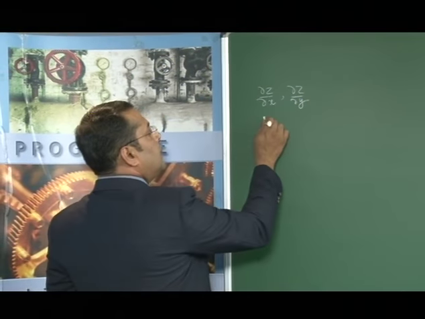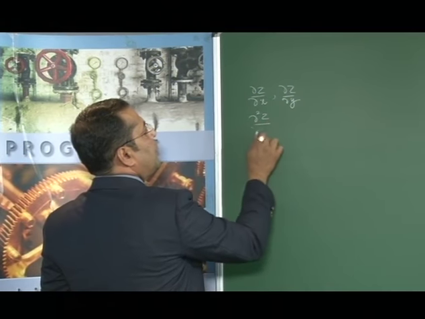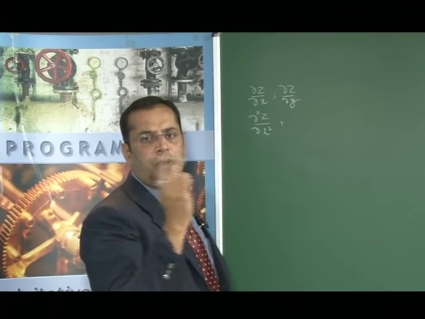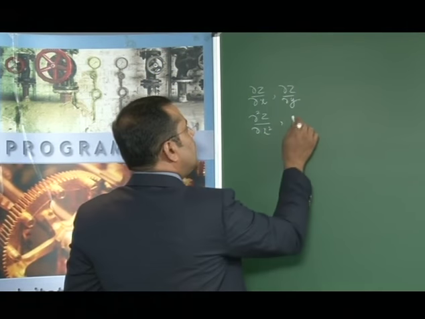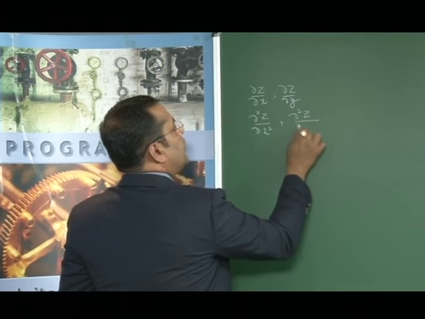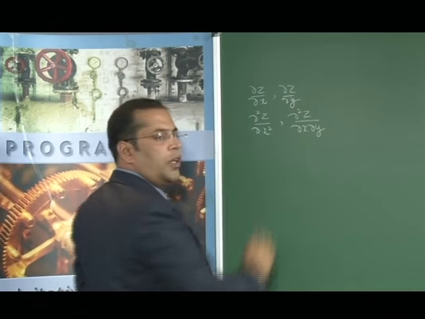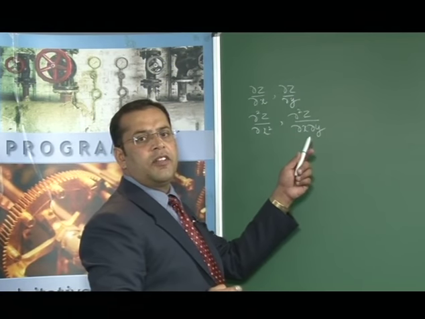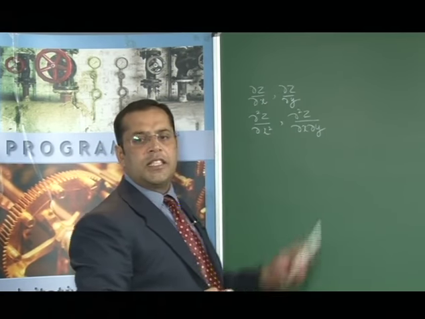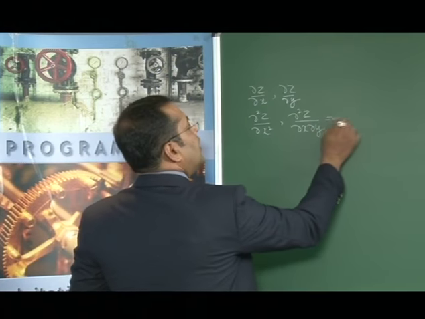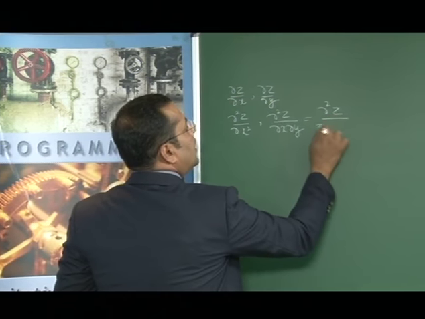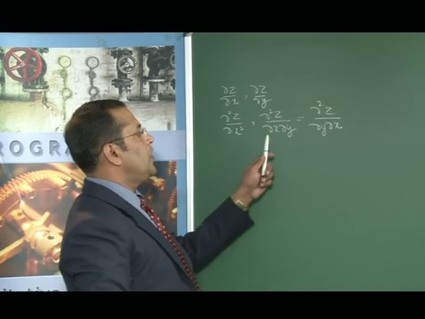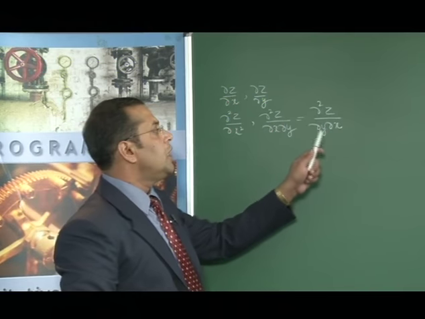Then we have the second order partial derivatives: ∂²z/∂x², which is the derivative of z twice partially with respect to x. You have ∂²z/∂x∂y, which is the partial derivative of z with respect to both the variables x and y, first y and then x, and you know that it is immaterial how you differentiate, in the sense ∂²z/∂x∂y is ∂²z/∂y∂x.